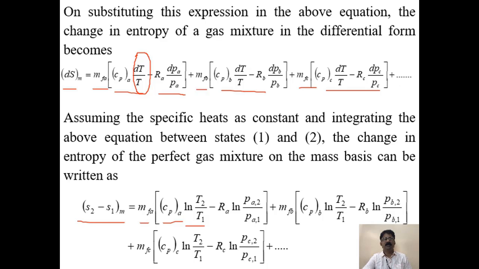Similarly, integration of 1 by pa with respect to pa is nothing but ln pa. If you apply the limit, it becomes ln pa2 by pa1. Similarly, you can do it for the rest of the two gases also, and you will get this expression for the change in entropy of the perfect gas mixture.